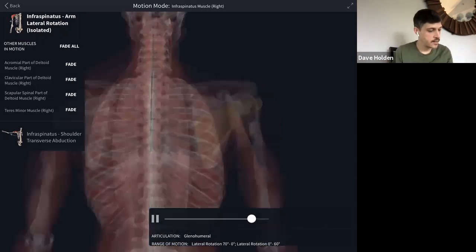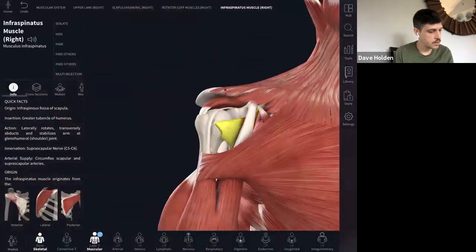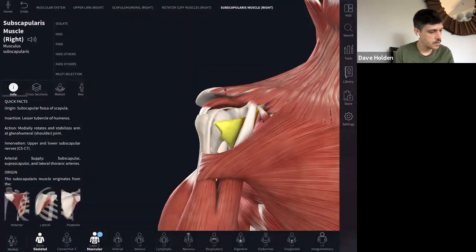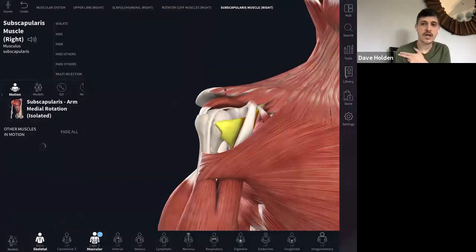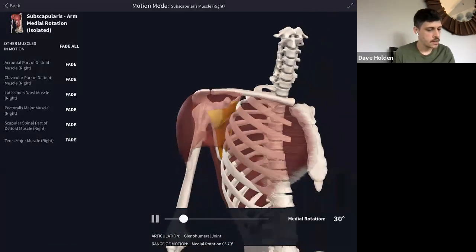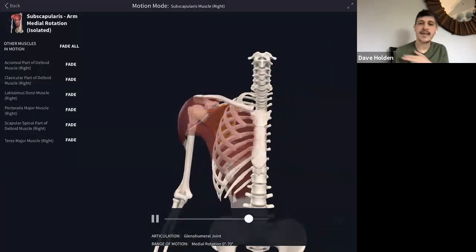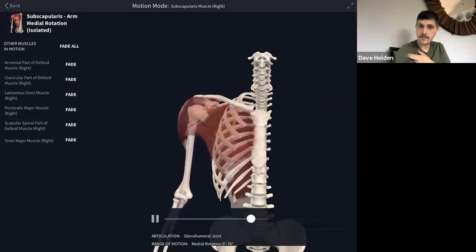If we were to look at the next muscle, subscapularis, subscapularis inserts on the anterior side. Because it's inserting on the anterior side, it will create medial rotation when that muscle shortens.